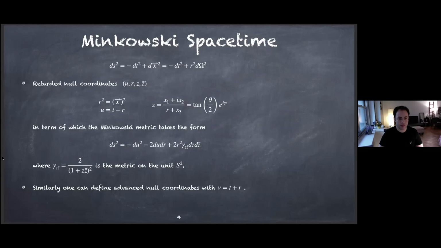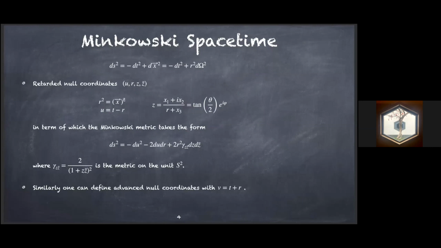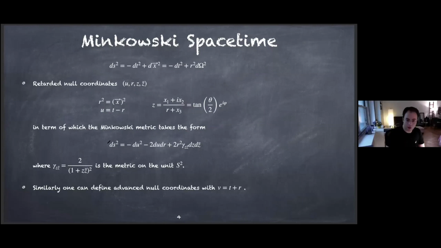In terms of these coordinates, the Minkowski metric can be written in this form, where gamma z z bar is the metric on the round sphere, on the unit S2, and it is given by this expression over here.